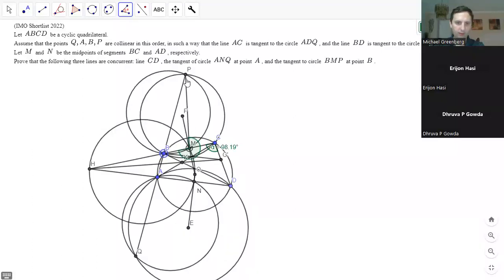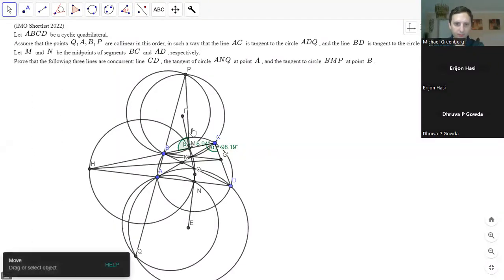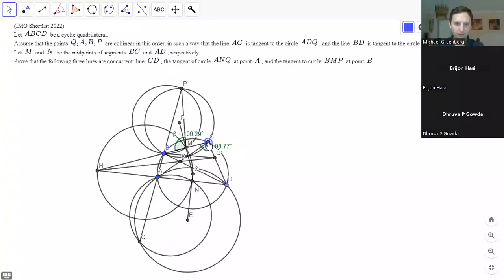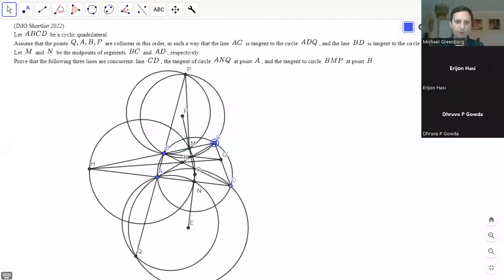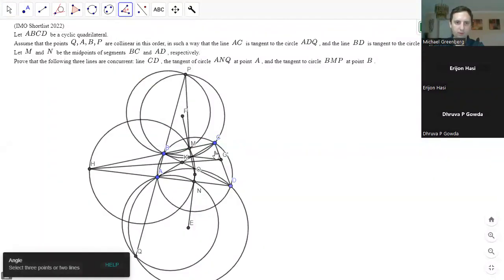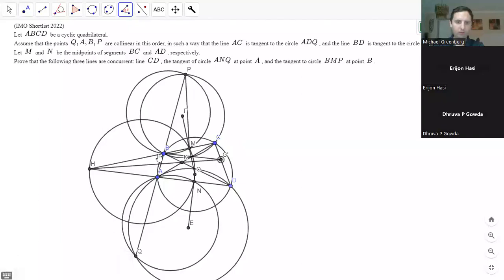I think they are. No, I don't think so. Very close, but they're not. Interesting. But we should have that this angle is 18.06. We should have that it's equal to this angle. Yes.